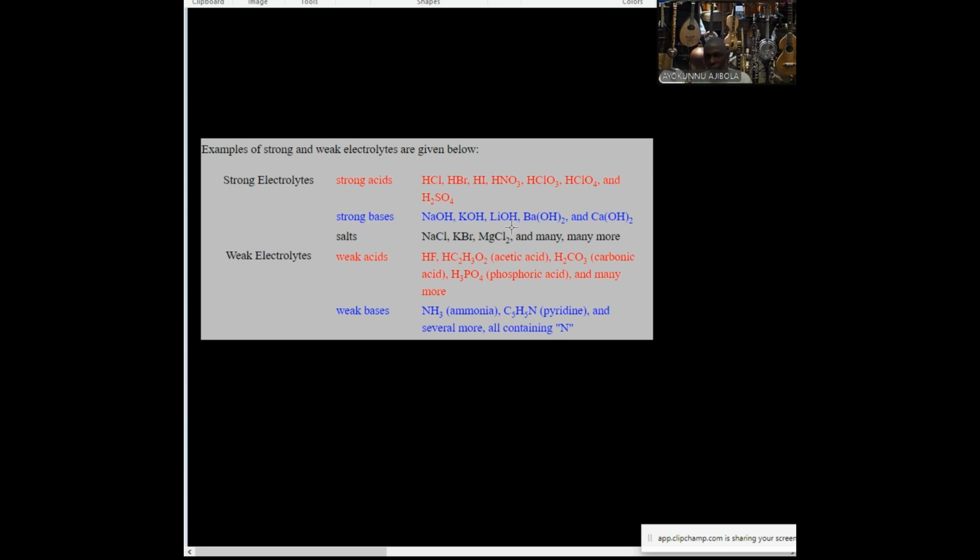Then the strong bases are also strong electrolytes, like sodium hydroxide, potassium hydroxide, the hydroxyl group, and salts also, chloride salts, like sodium chloride, magnesium chloride, and so on. Then we've already mentioned the weak. So weak acids and weak bases are weak electrolytes. Then strong acids and strong bases are strong electrolytes. So let's take note of this.